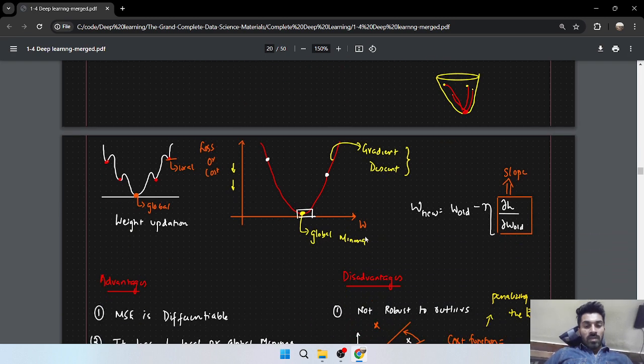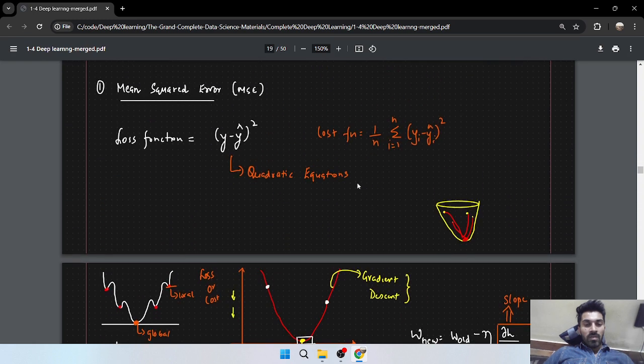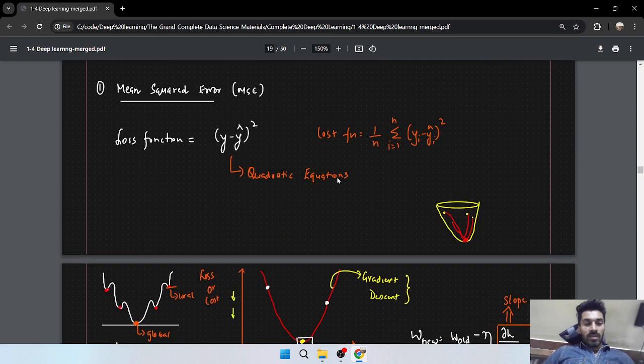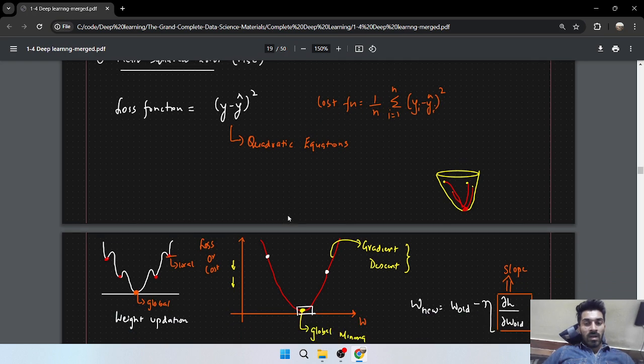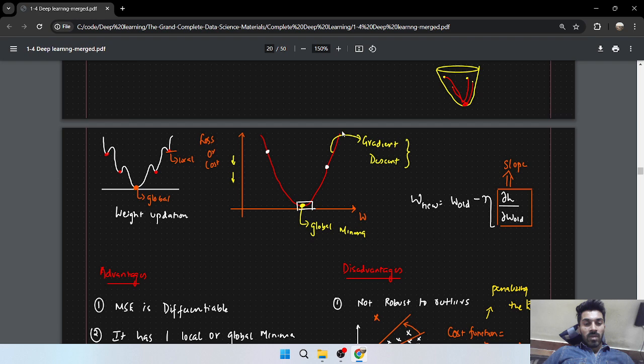This is the global minima in gradient descent, and this is the weight updation. Gradient descent looks like this because the loss function, or cost function, is a quadratic equation.